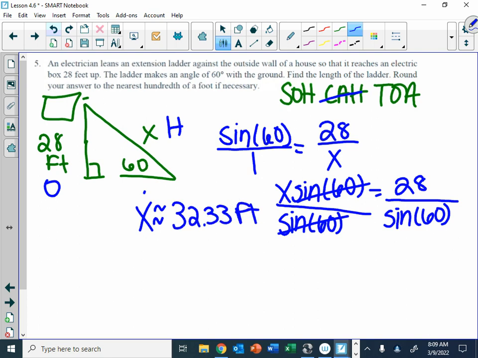What was the number that came after the 3? 1. So that number would change to a 4 if this number right here is 5 or higher. If it's less than 5, it stays. So if it were 0.335, then it would be 0.34.